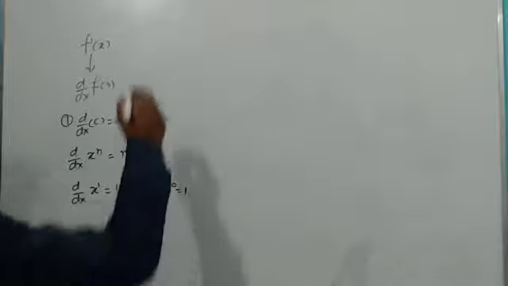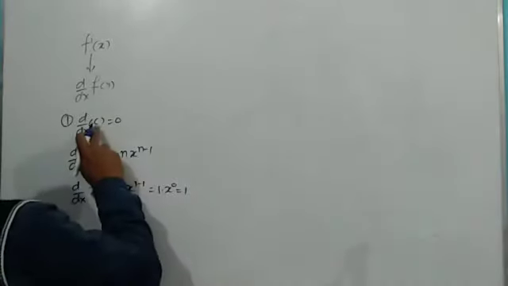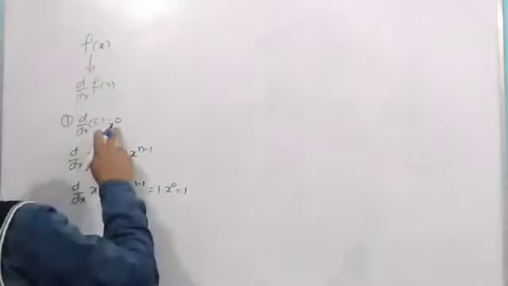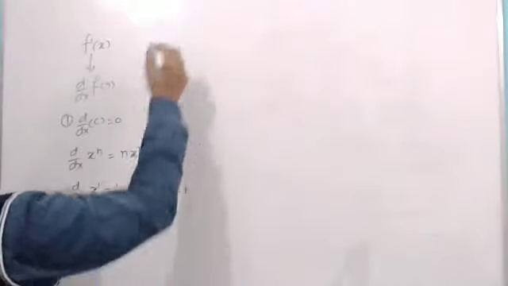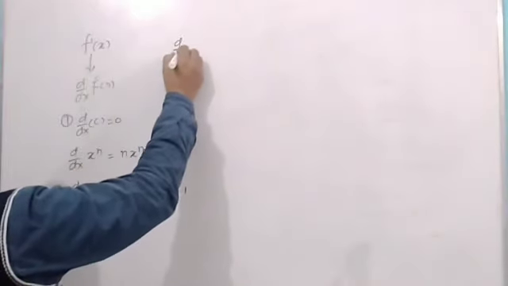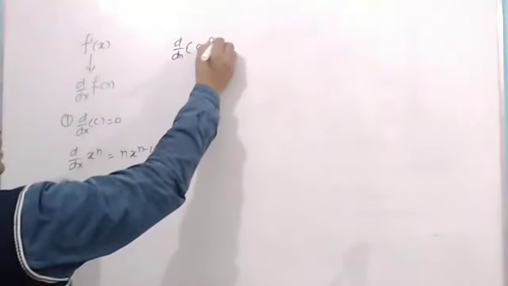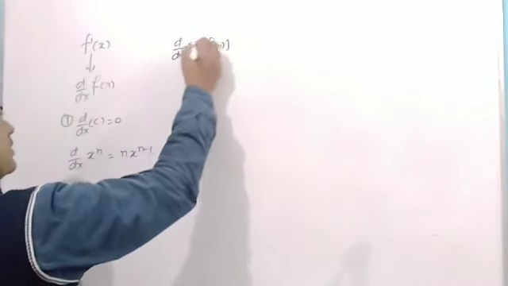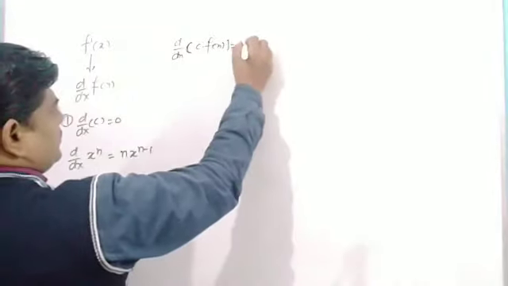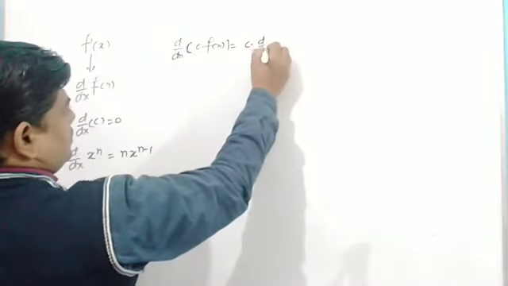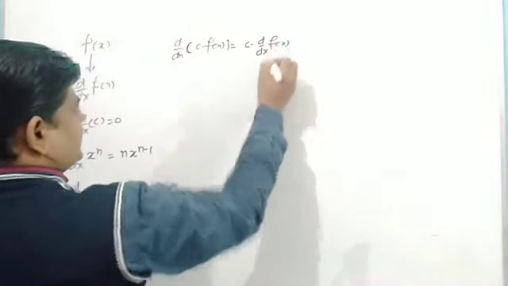Suppose that I am having, as I told you, the differentiation of a constant will be 0. If I am having d/dx of a constant into f(x), it can be written as c into d/dx of f(x).